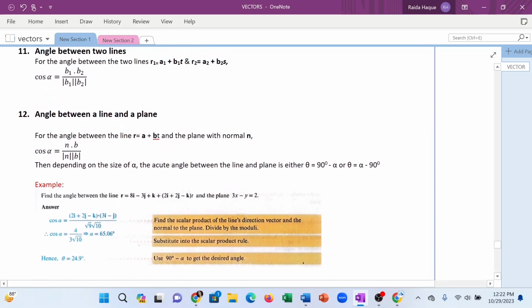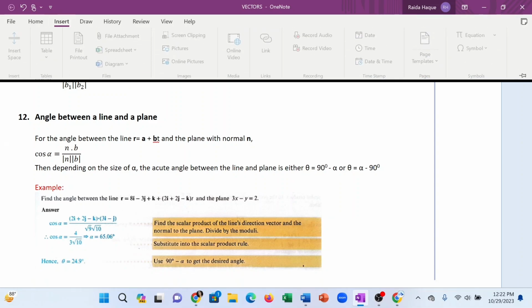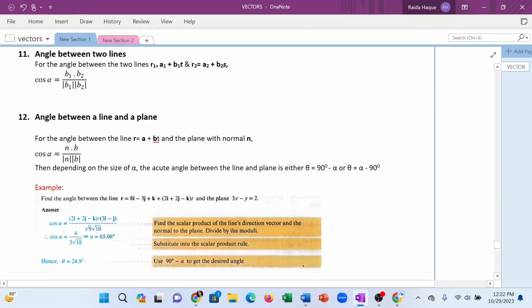So what you can see here is they have directly inputted into the formula. You could find the dot product separately and then input it. So doing the dot product, I can show you the entire sum in case you want a revision on how to find the dot product, right?